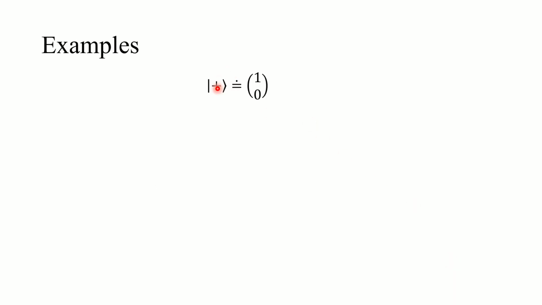So some quick examples. The spin up state in the z representation is simply a unit vector, 1, 0. And it turns out all basis states are unit vectors in their own representation, which makes sense. These numbers in this column vector correspond to which basis vector they're multiplied to. So all basis vectors are unit vectors in their own representation.